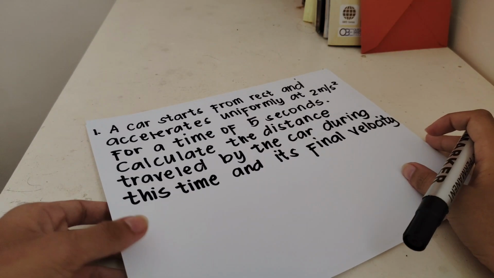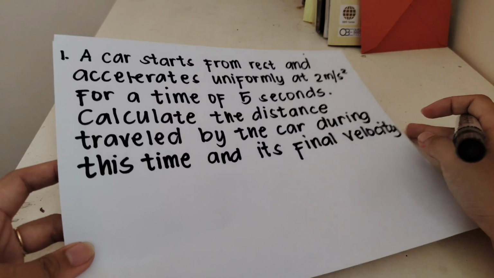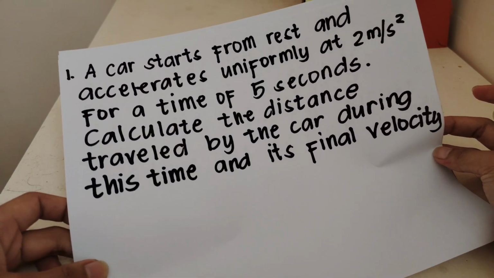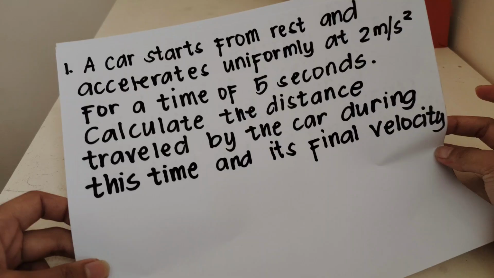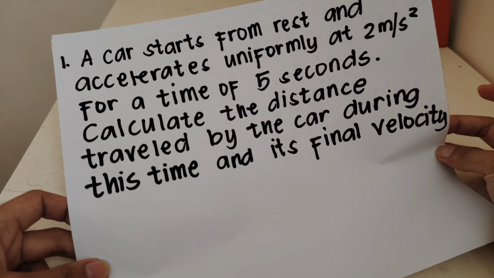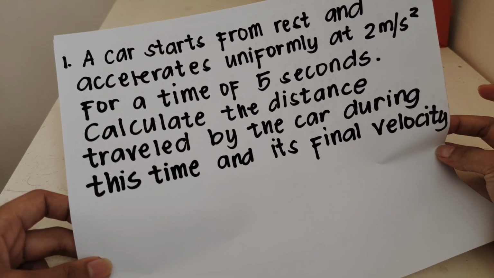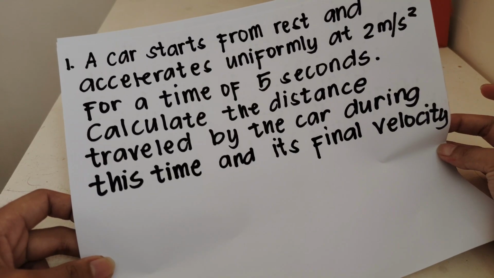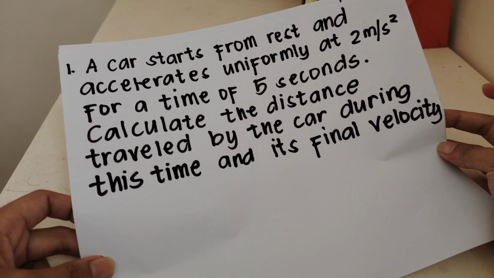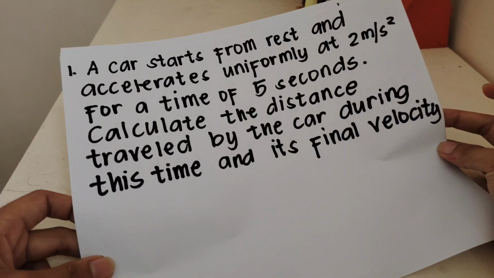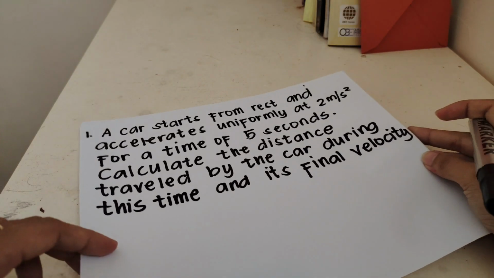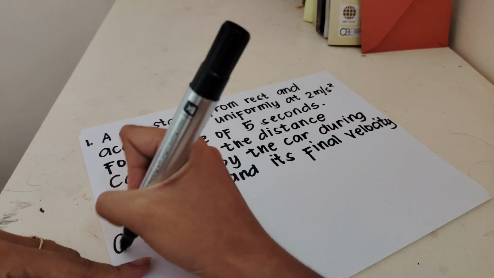So we have here a problem. A car starts from rest and accelerates uniformly at 2 meters per second squared for a time of 5 seconds. Calculate the distance traveled by the car during this time and its final velocity. So, we will start by listing all the givens from the problem.